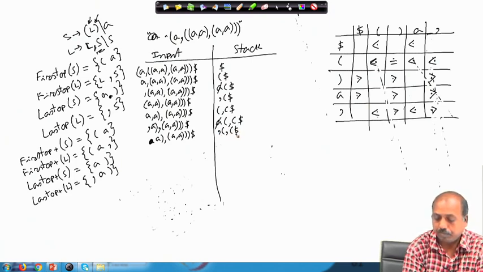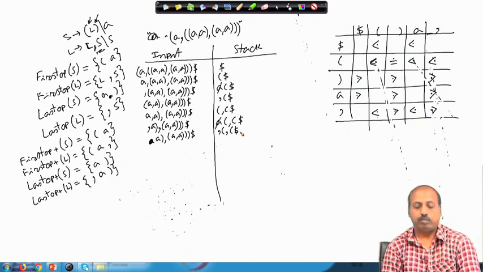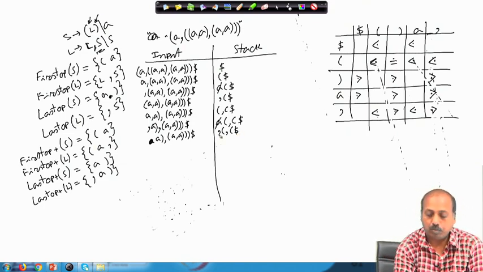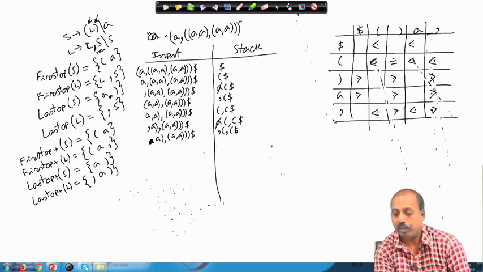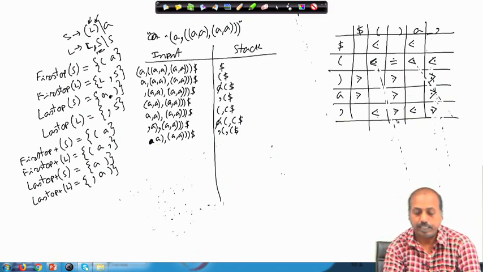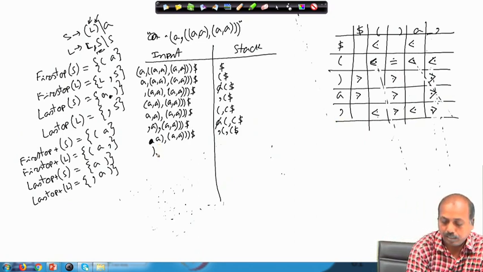Fine. Next, I have comma and A, and comma is of lower precedence than A. So, A will be shifted.